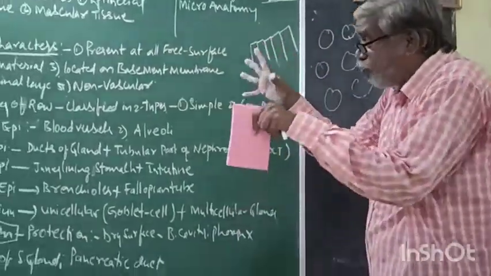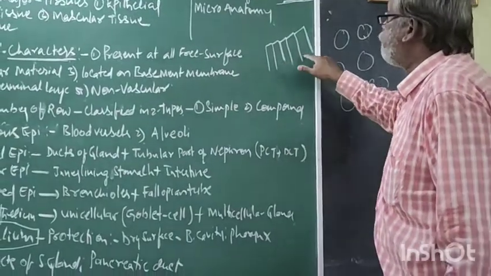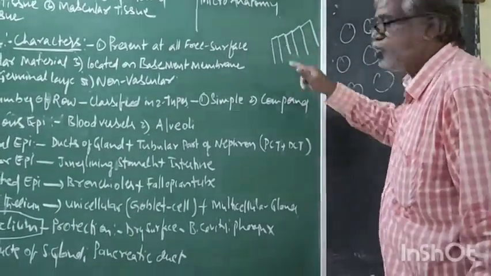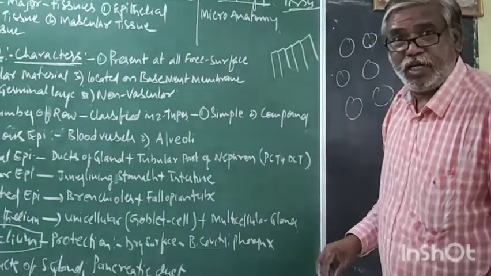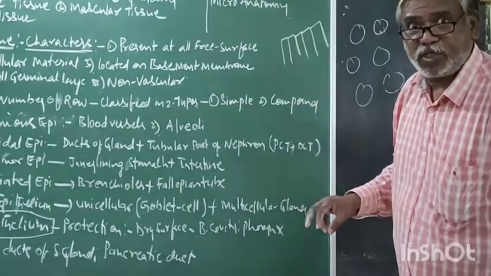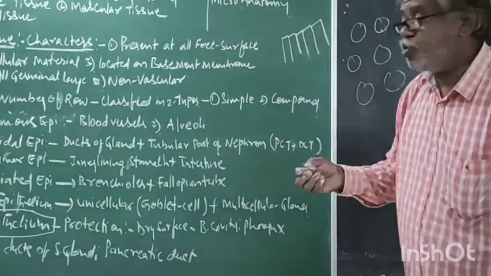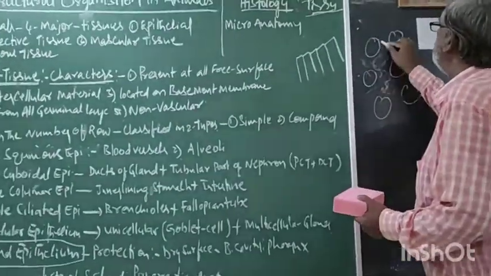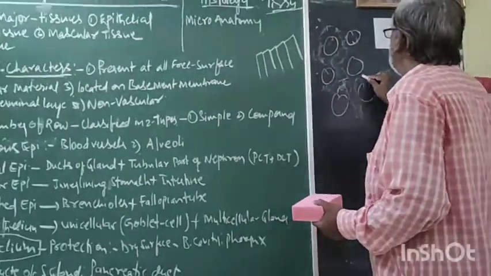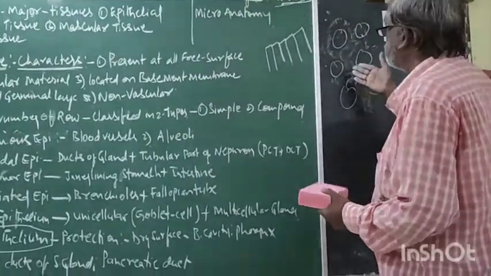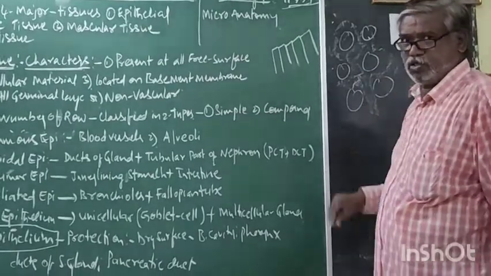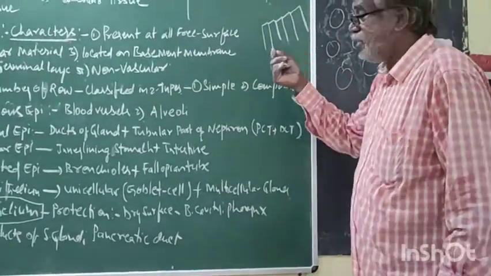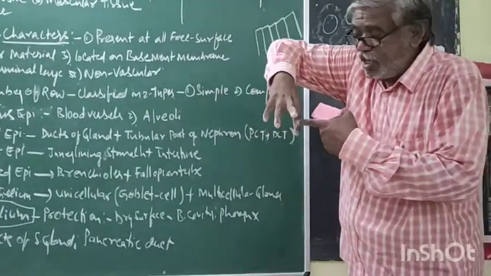Here, they are in compact arrangement, and there is no gap between two cells, that means intercellular space is generally absent. But a little amount of intercellular material, which helps for attachment, is present.